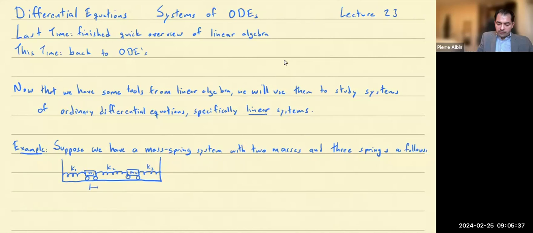And here we'll have the displacement from equilibrium, x1 and x2. And let's say that we also have external force F1 acting on M1 and external force F2 acting on M2.